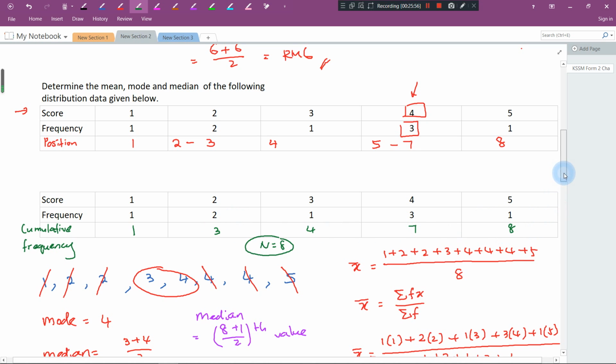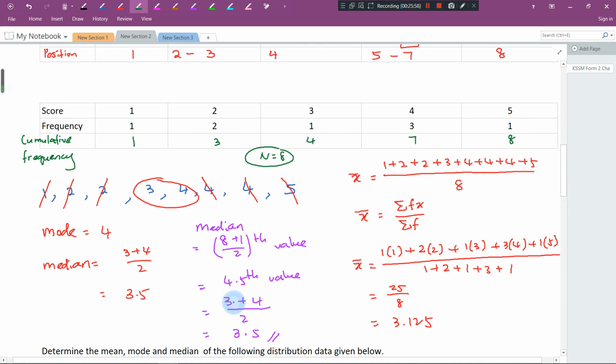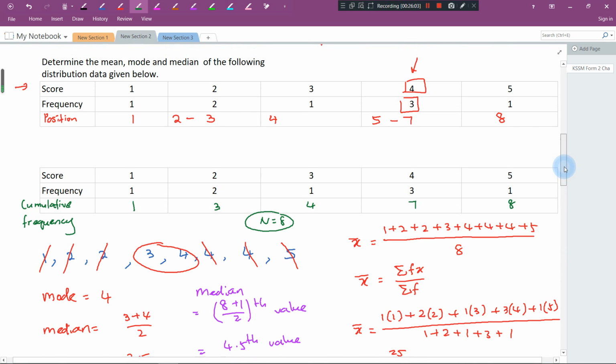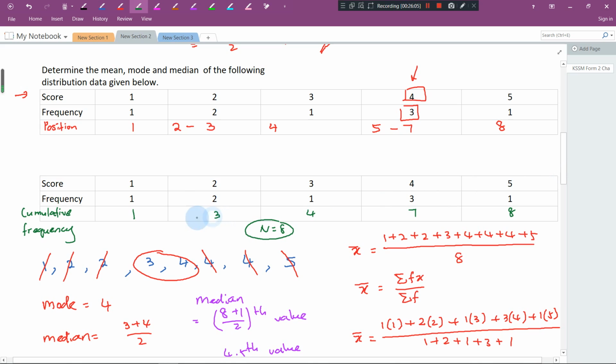So let's say when we go to median, we know we want to get the fourth plus the fifth, right? So from here, it means that the second and the third is this data. The fourth data is this, the fifth to the seventh is this, and the eighth data is this.